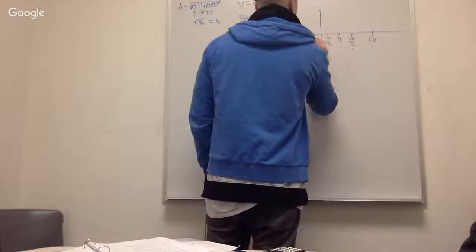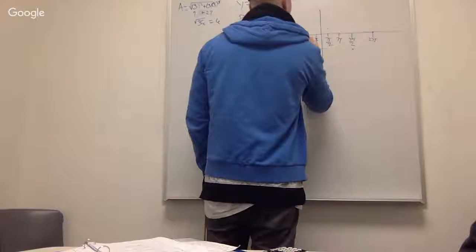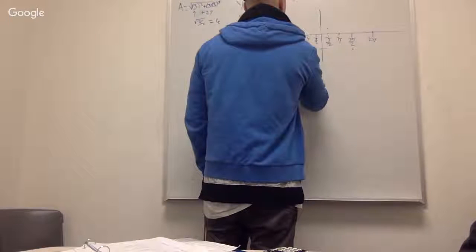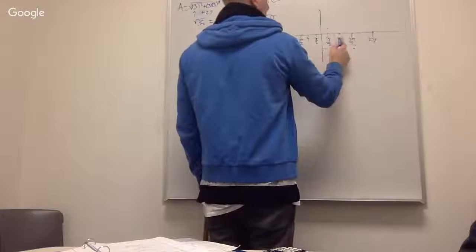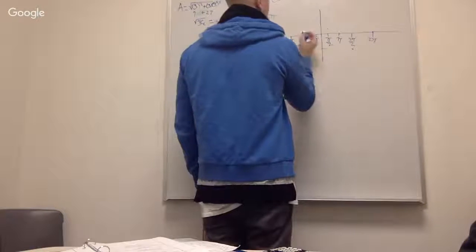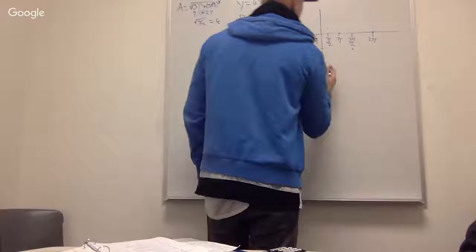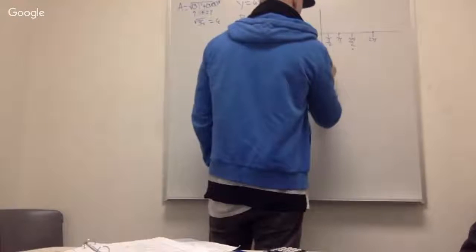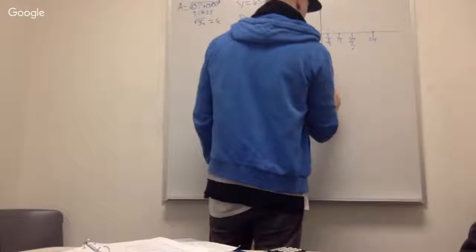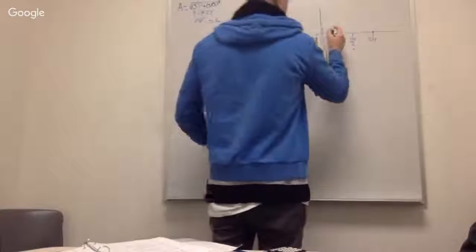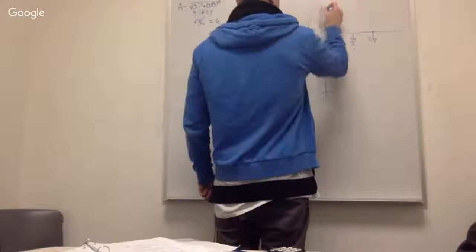Let's scoot it out a little bit. So he would go 1, 2, 1, 2, 3. He'll go here. But then we have an amplitude of 6. So we go 1, 2, 3, 6. He stays there. This guy is going to go 1, 2, 3, 4, 5, 6.